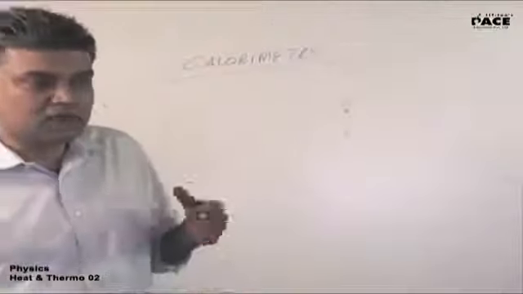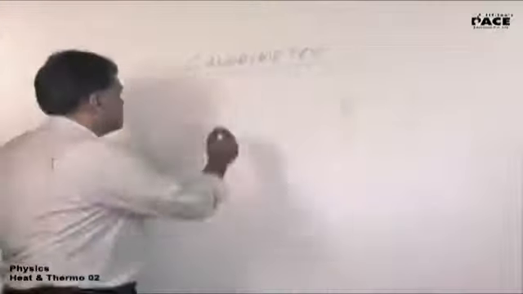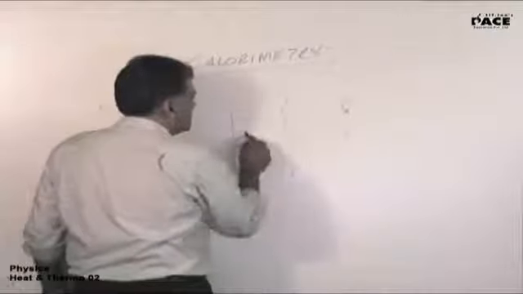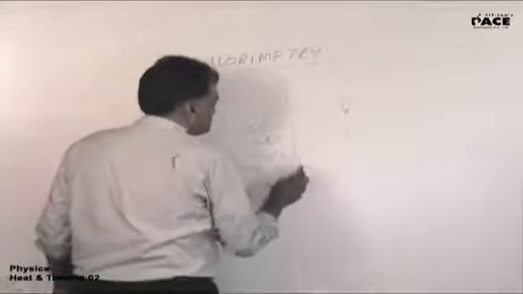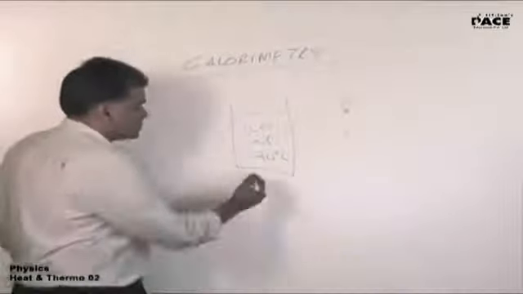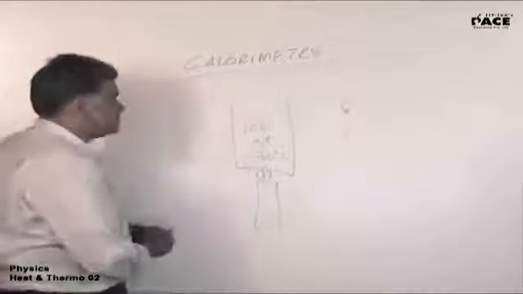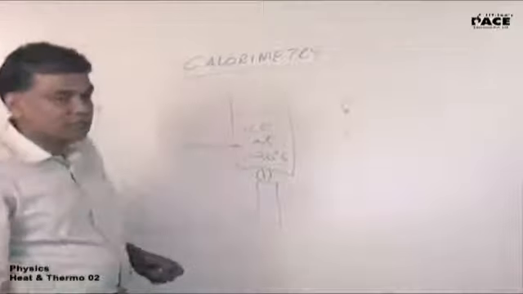Calorimetry is the kind of accounting in heat. So consider this: we have a vessel which is having ice at minus 20 degrees centigrade, let us say, and you are heating this vessel. Let's say you also have a thermometer inserted inside it, which can give you the temperature.